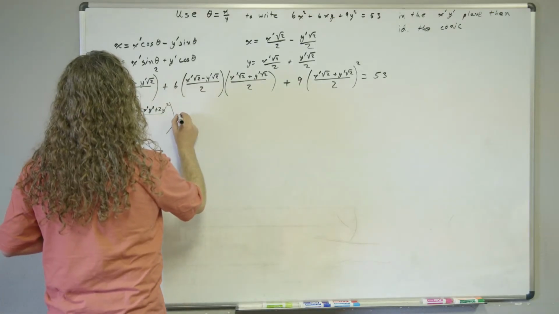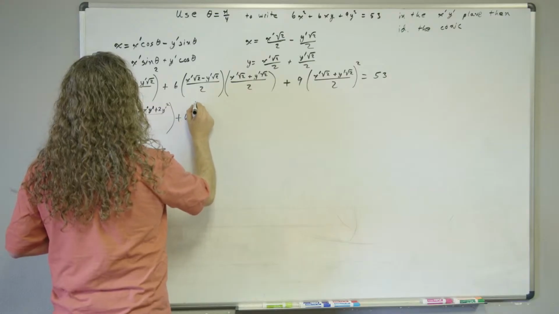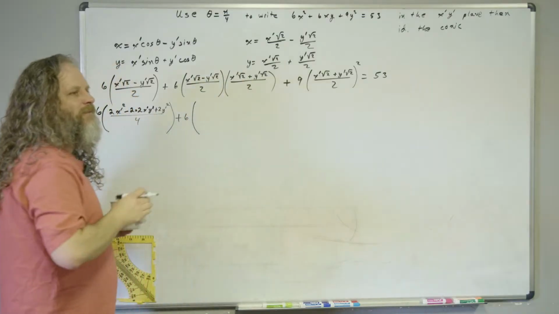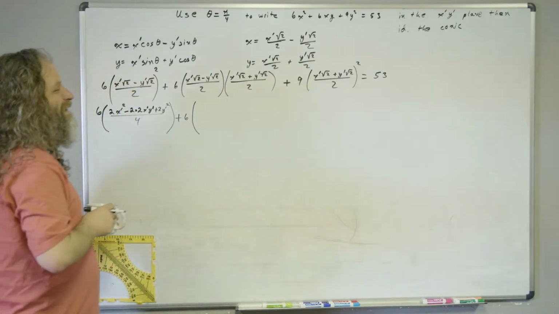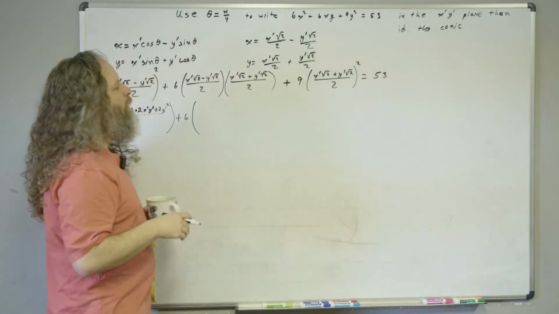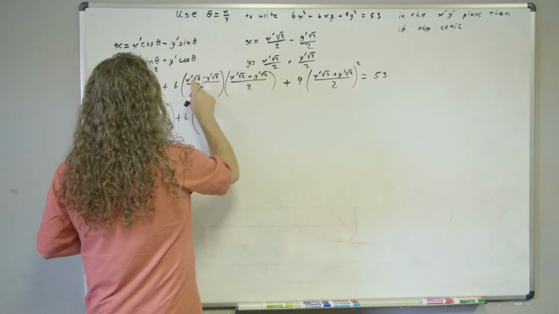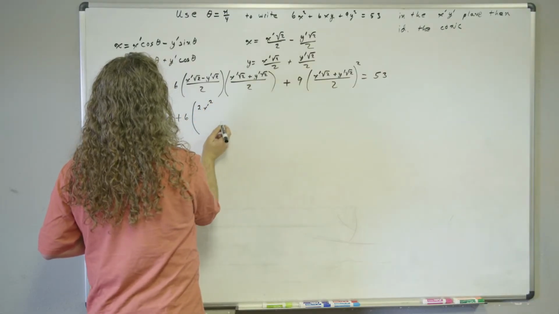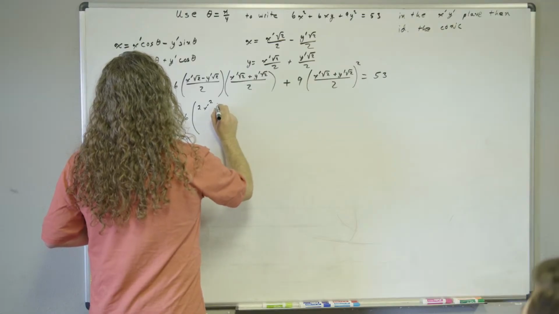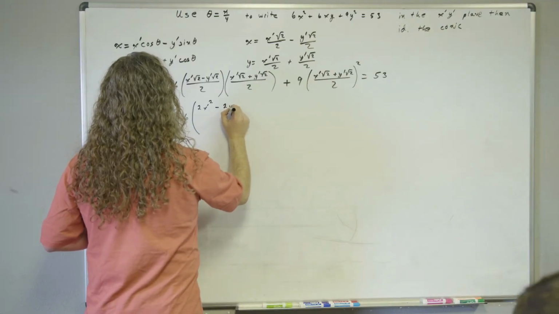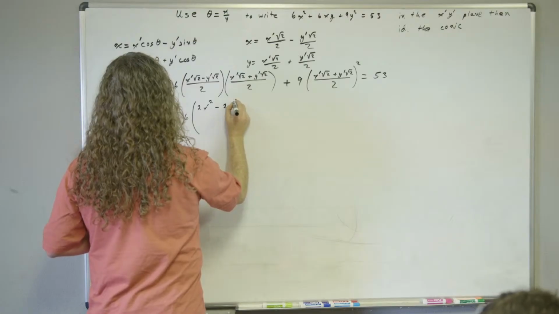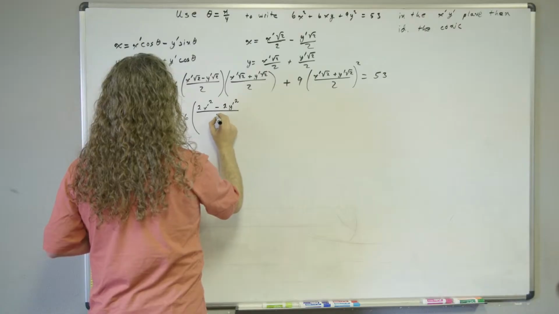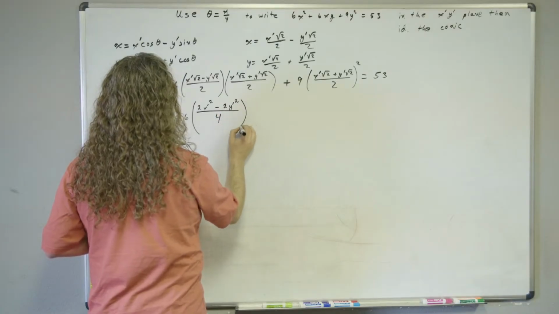So plus 6 times only the first and last, they're conjugates, right? Which is handy. That's not always going to be true, but in this problem it is. So 2x prime squared minus 2y prime squared, all over 4.